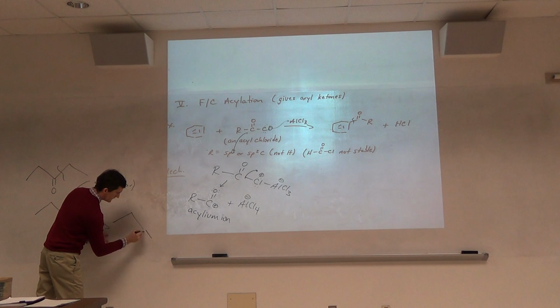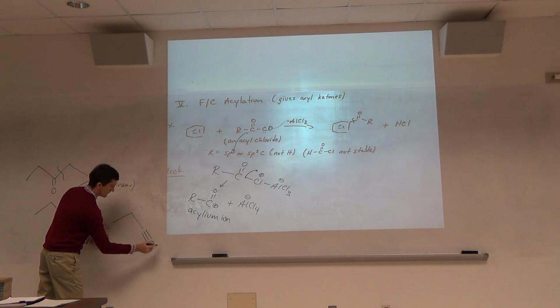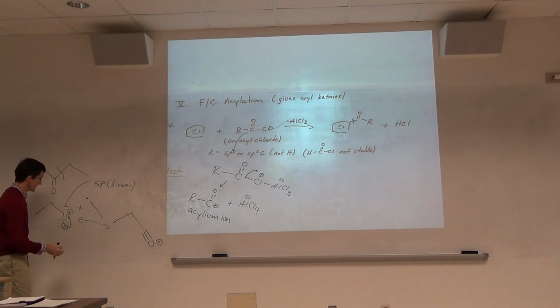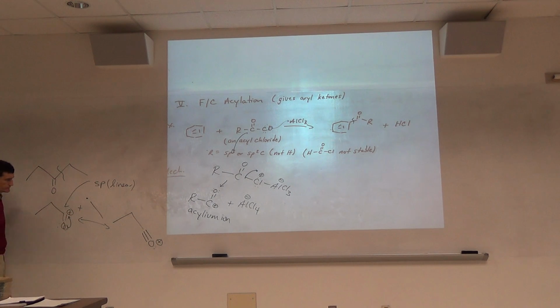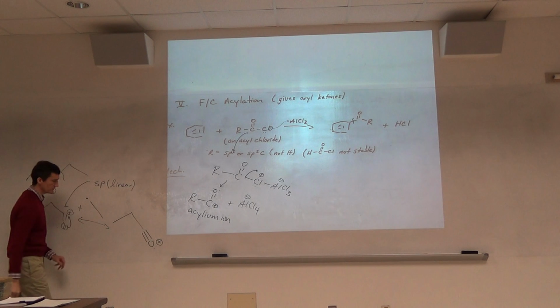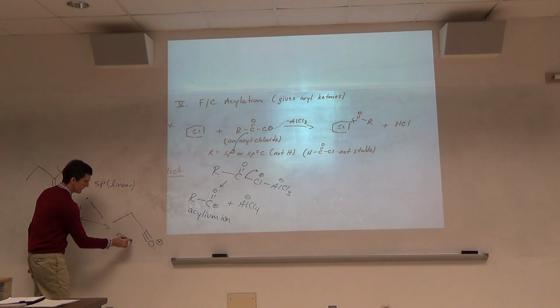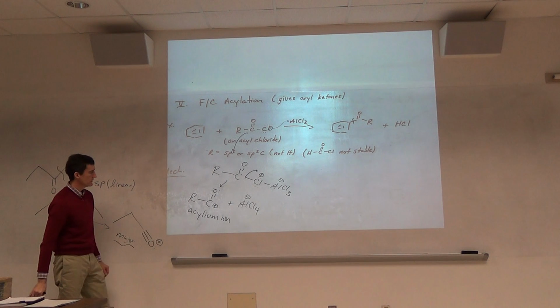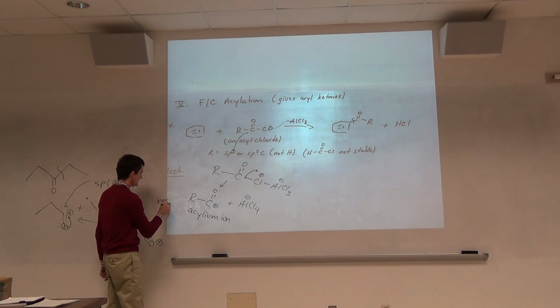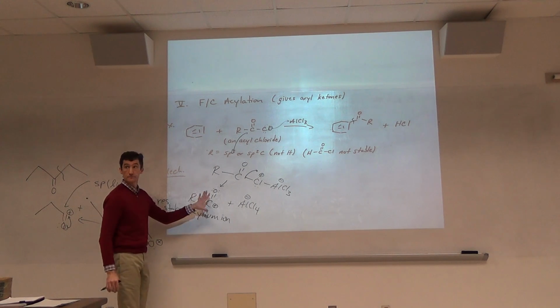There's your carbon. That should be linear. This moves in, you have a triple bond now, positive charge on oxygen. And that's your major resonance structure, because it has more bonds. This is a resonance stabilized acylium ion.